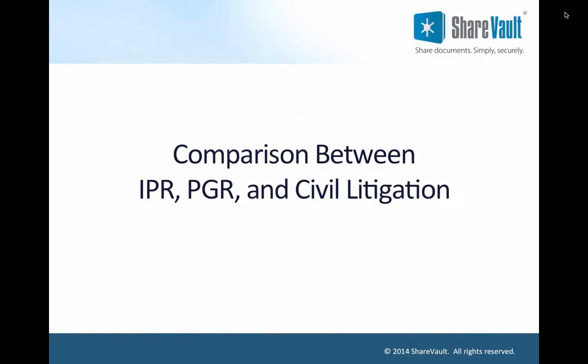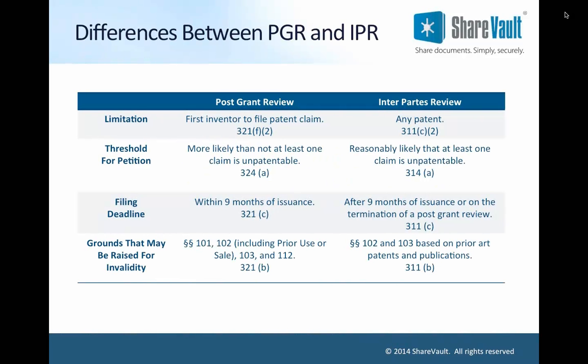So here is a comparison between the IPR and the post-grant review. As I mentioned, the post-grant review is only effective as of March 16th, and at that date, what happened was that the United States went to a first inventor to file patent system. Post-grant reviews only apply to claims which are first inventor to file.